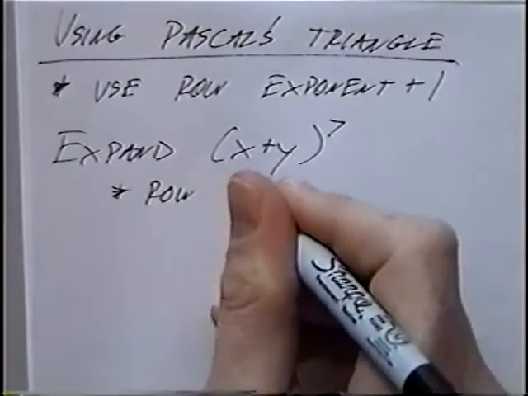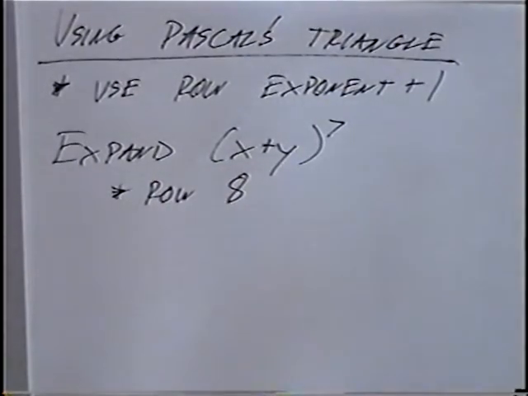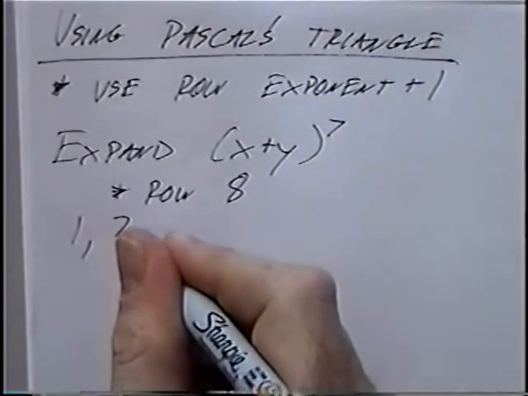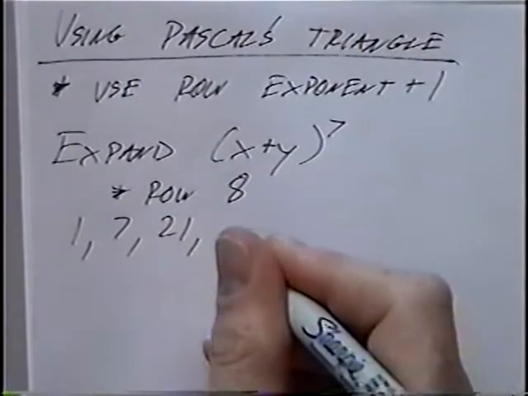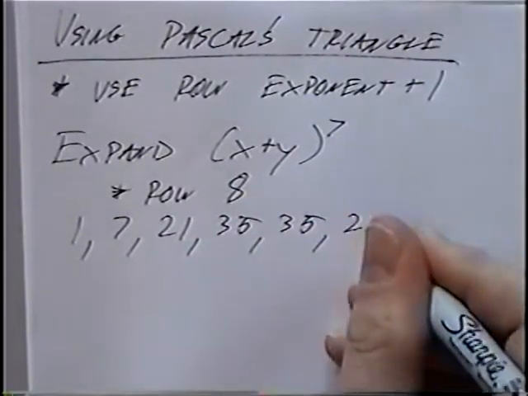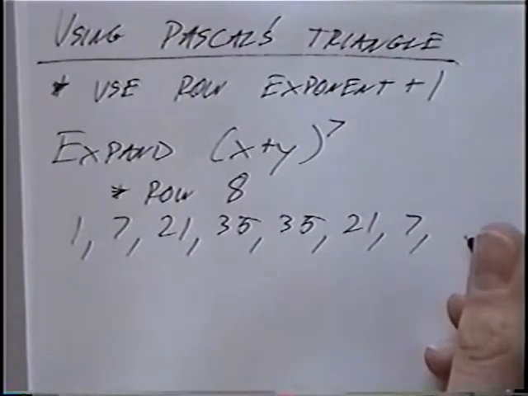Looking back at Pascal's triangle, row 8, if we write just the numbers down with commas, it would be 1, 7, 21, 35, 35, 21, 7, and 1.